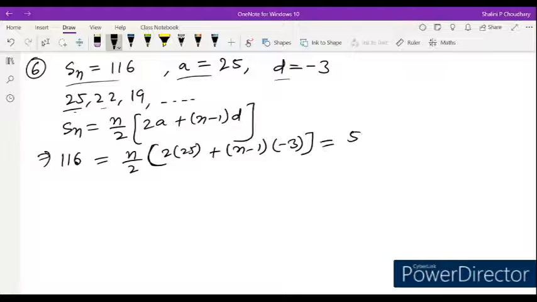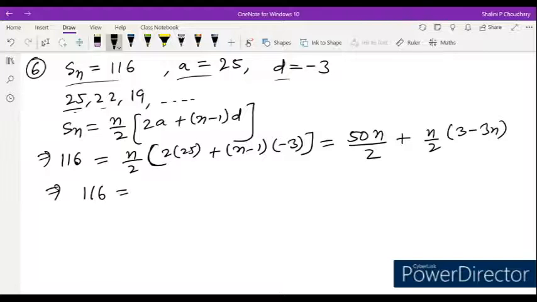We'll get 50n upon 2 plus 3n, and n upon 2 into minus 3n. So we'll get 116 equals 50n plus 3n minus 3n square divided by 2.